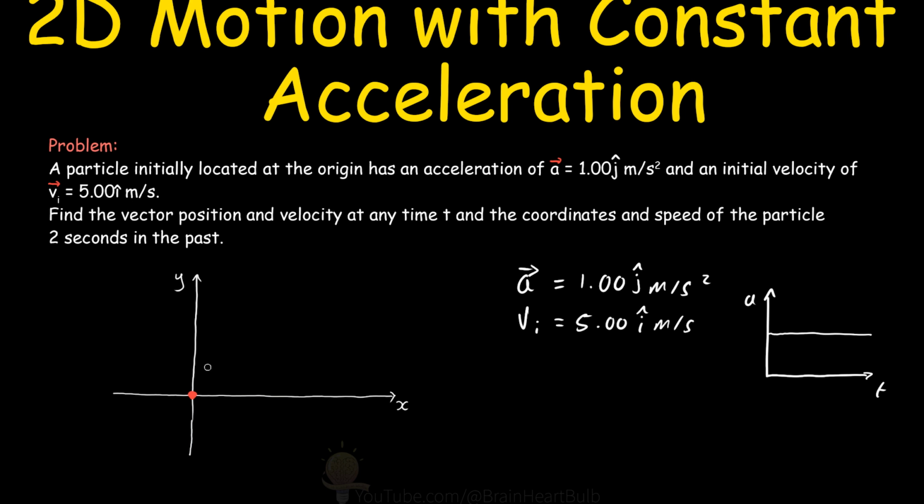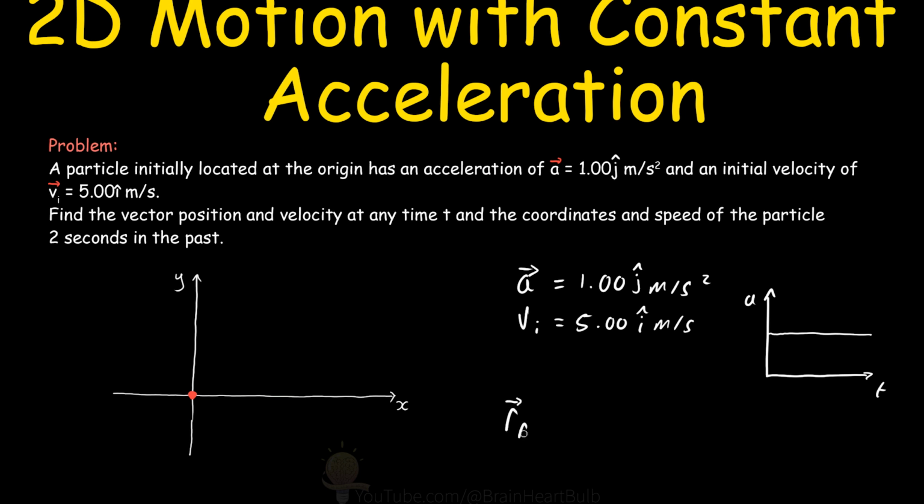In other words, we can find out how the particle is moving along the x-axis, no matter where it is on this plane, and then we can find out how it moves along the y-axis. So to find the position of a particle moving with constant acceleration, we can use this equation of motion.